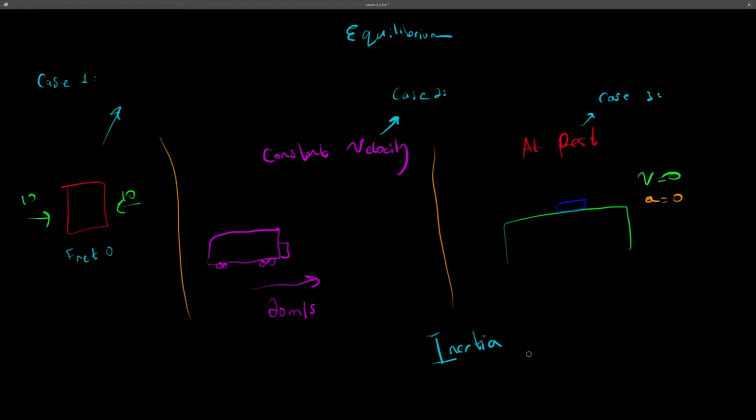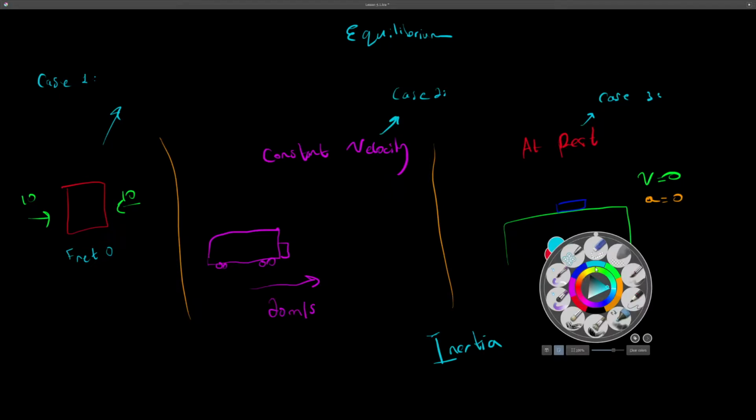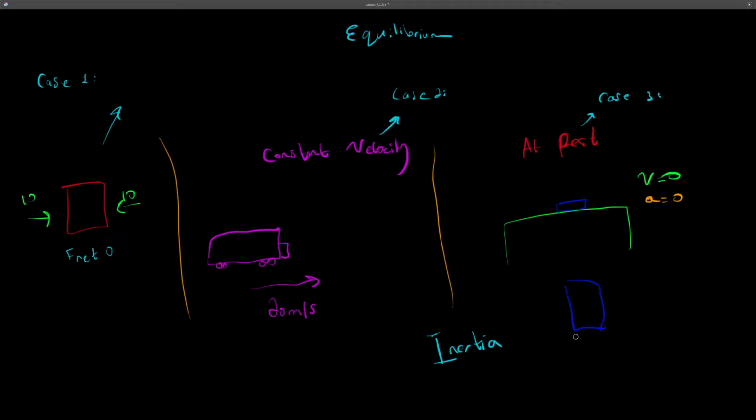So for example, if I have a refrigerator that I want to move to a different side of my kitchen, the inertia would want to resist me pushing this refrigerator to a different place, because it's at rest right now, right? It's in equilibrium, it's not moving.